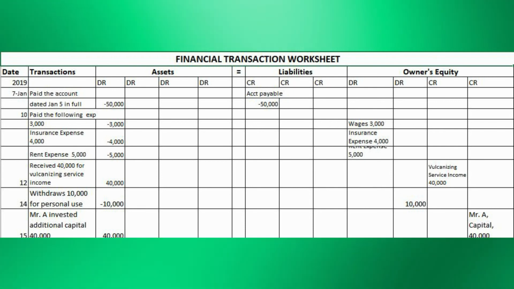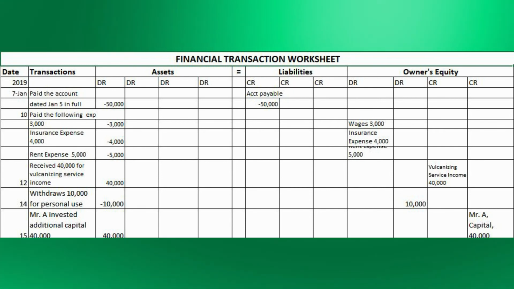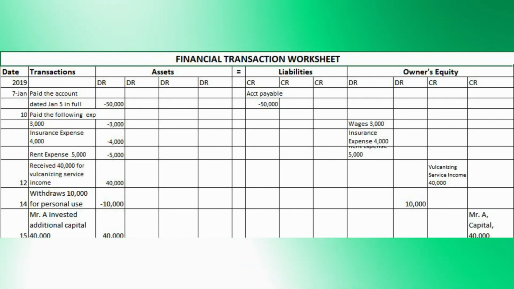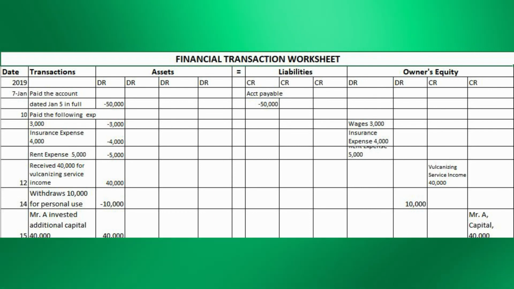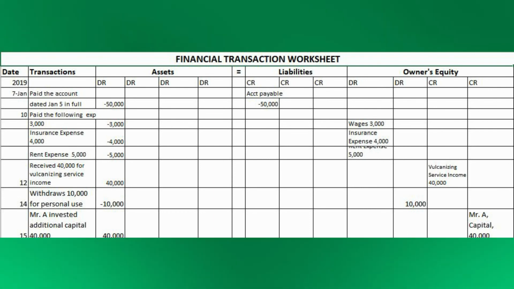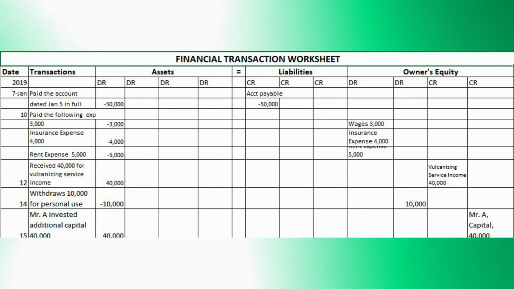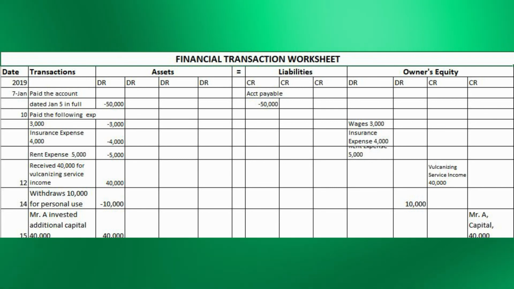If you're going to look, we will go back to our January 12 transaction. If in case cash is not received because of our services, we only have a debit to accounts receivable.